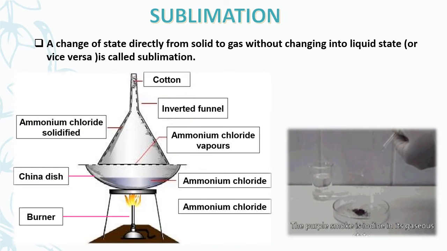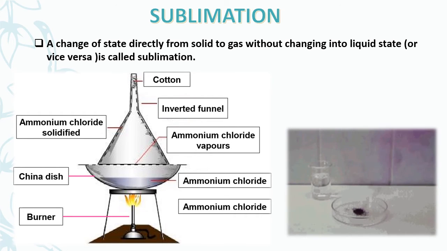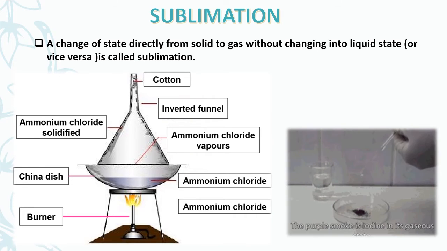So, this method separates mixtures that contain a sublimable volatile component from a non-sublimable impurity. The sublimation process is used to convert solid directly into the gaseous form or vice versa.